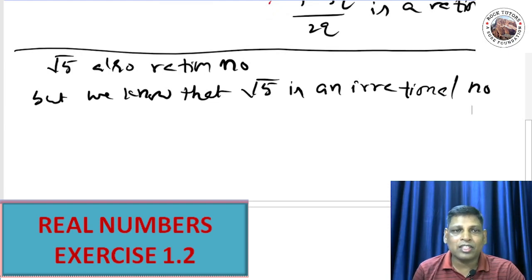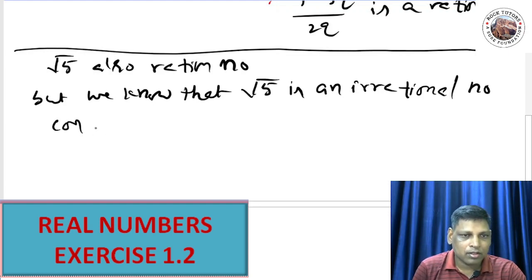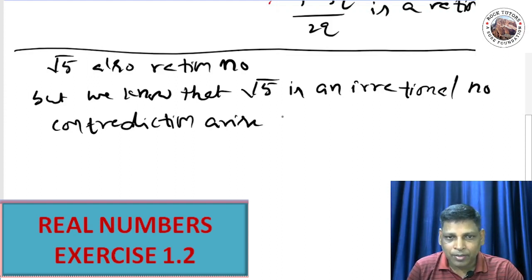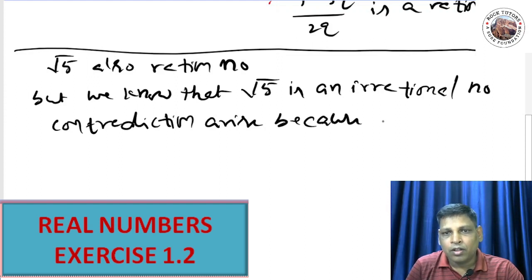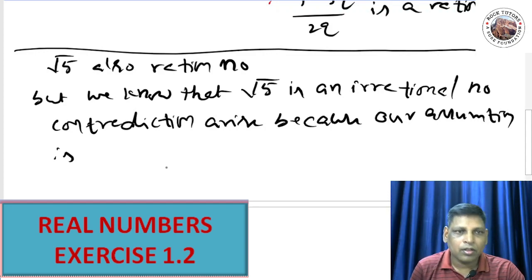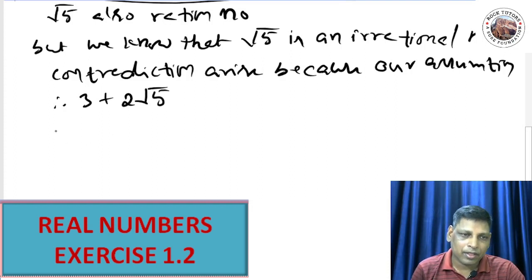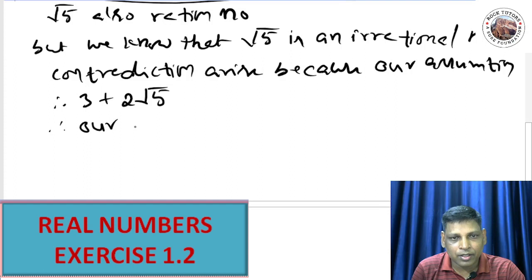The contradiction arises due to our assumption that 3 plus 2 root 5 is rational. Therefore, our assumption is wrong.